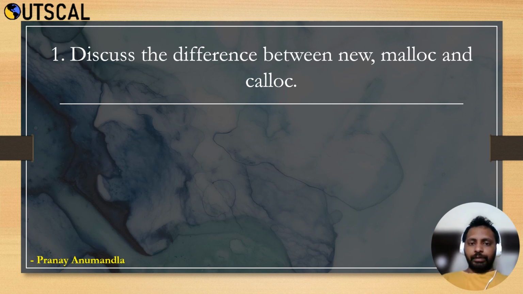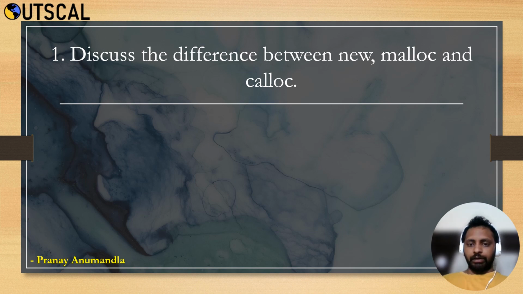Calloc is similar to malloc, but malloc will be passed only one parameter, where calloc can pass two parameters. Calloc also will not initialize the memory. It will not call any constructors, and it will assign memory to the data variables.